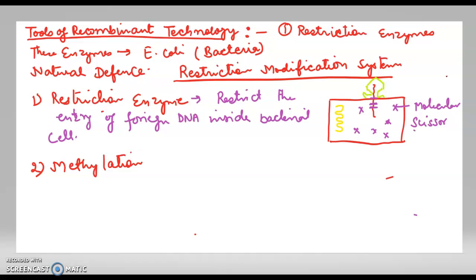Now, restriction enzymes, which are molecular scissors, are cutting DNA. If they are cutting foreign DNA, first they are recognizing the sequences of that DNA. So, these restriction enzymes could cut their own DNA also, but it's not happening.